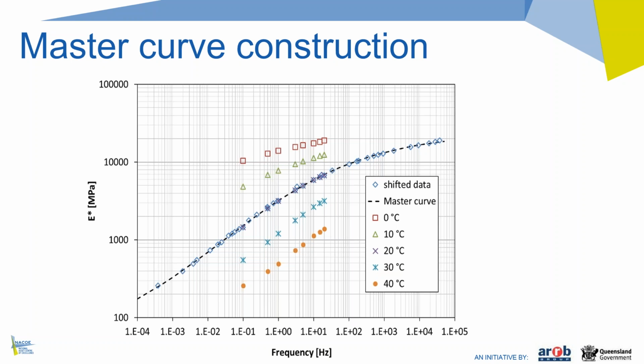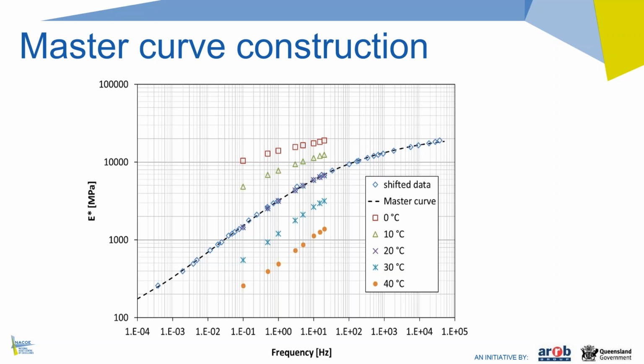So again, this is test results for 40, 30, 20, 10, and 0 degrees C. And then we shift those results in the frequency space to a single reference temperature, and in this case we chose 20 degrees C. You typically take a temperature that is in the middle of the temperature range that you tested over. I think the tech note actually requires you to shift it to 25 degrees C. Is that correct, Peter? That's correct, yeah. Okay, but that's really not important in terms of the result you're getting, as long as you do it consistently.